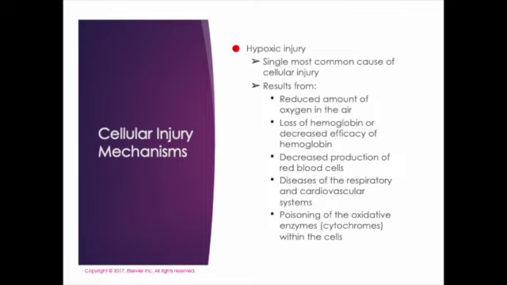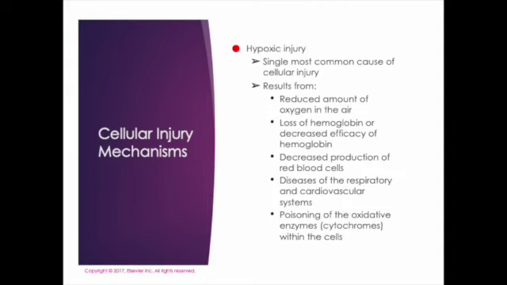If we have reduced oxygen in the air, think about being in an environment with lower oxygen levels, like high altitudes in the mountains, or there's a loss of hemoglobin or decreased hemoglobin function. Remember, hemoglobin is responsible for carrying our oxygen in the blood, and if we don't have enough functional hemoglobin, then our cells won't receive sufficient oxygen.